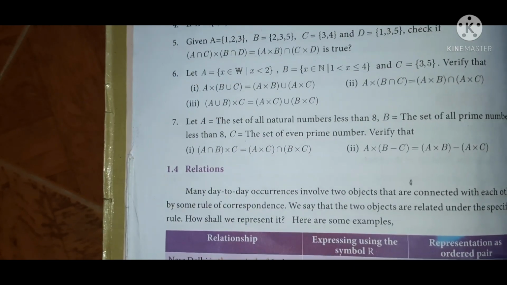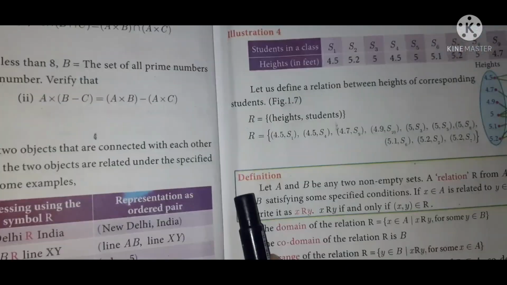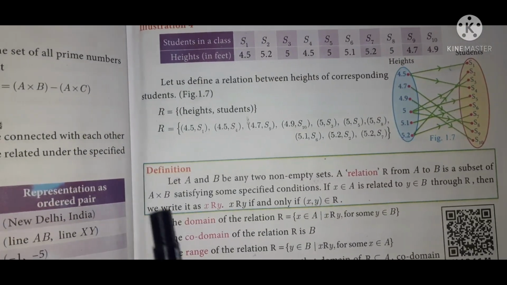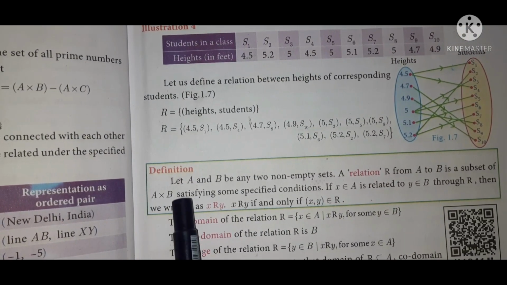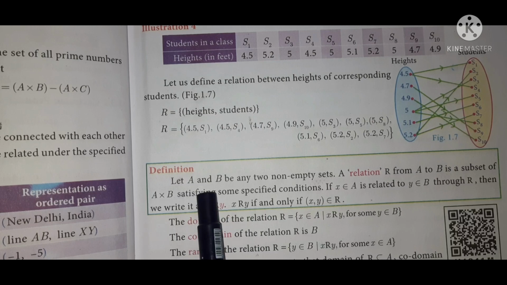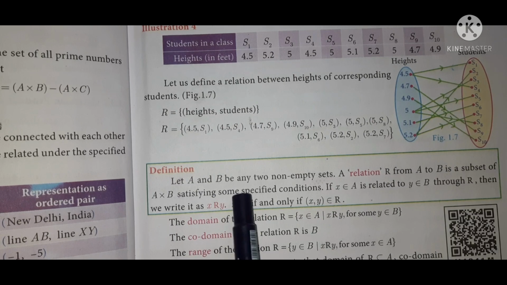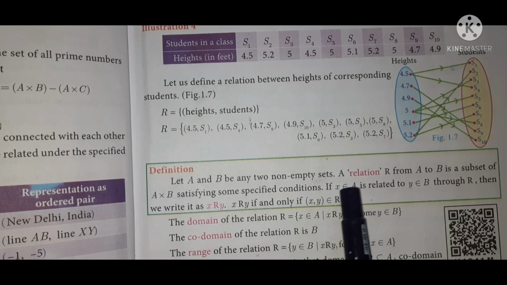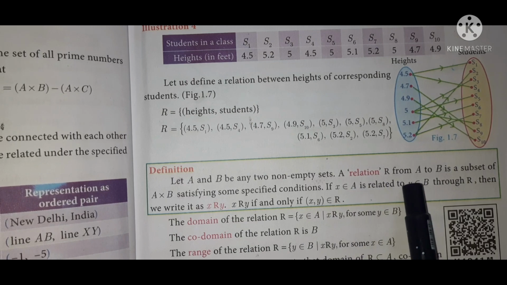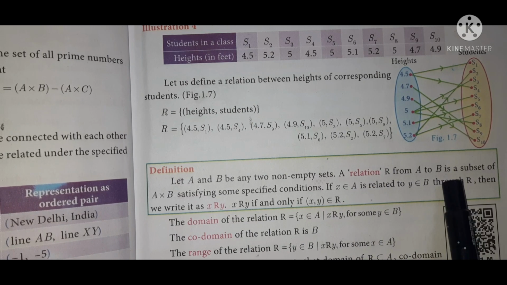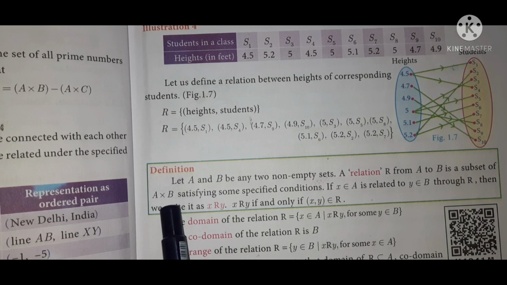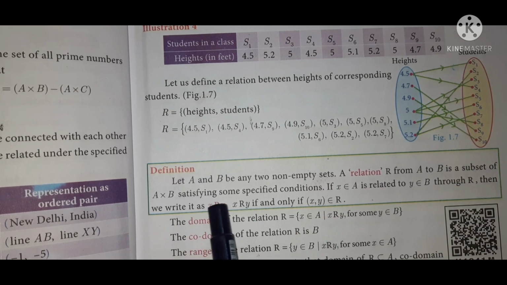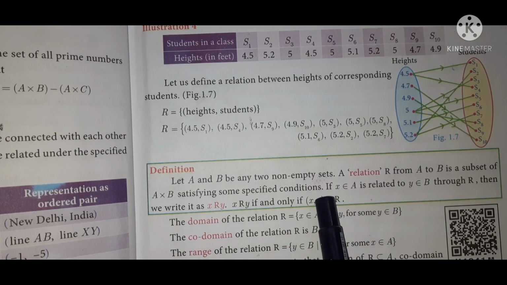Next topic is relation. Definition of relation: let A and B be any two non-empty sets. A relation R from A to B is a subset of A cross B satisfying some specified condition.